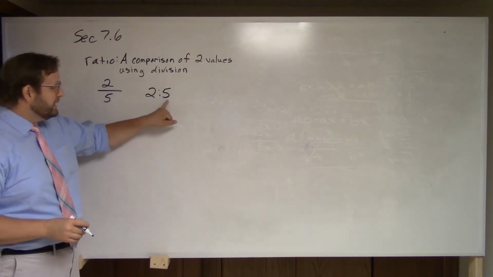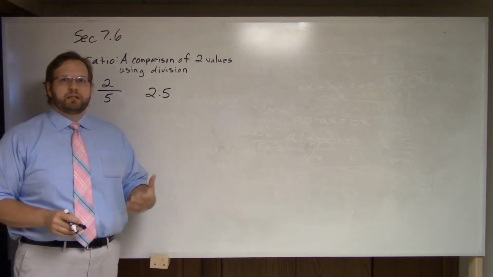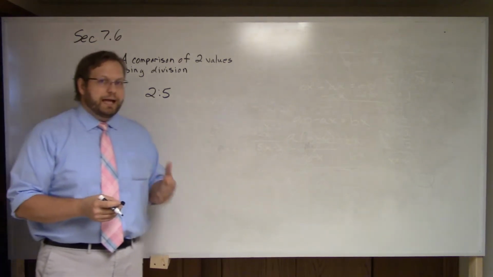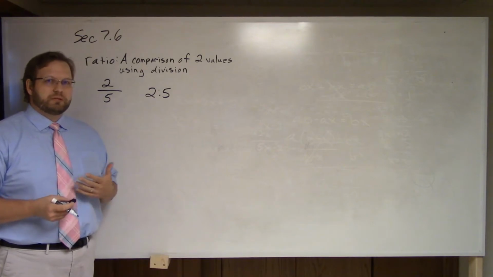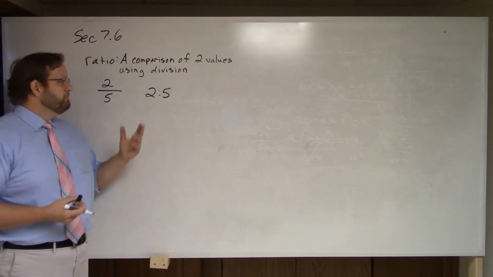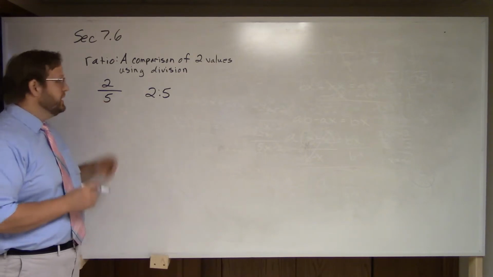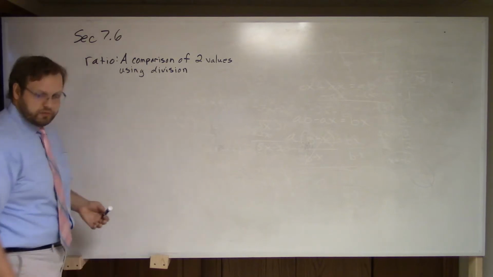However, when we do it like this, it's not as easily manipulated mathematically. Okay, so fractions are fractions. We can add them, subtract them, and all that. But once we write it like this, then we lose some of those applications and those possibilities. So while this is not wrong, we're going to stick primarily with this. Okay, so that is a ratio, just comparing two different values.